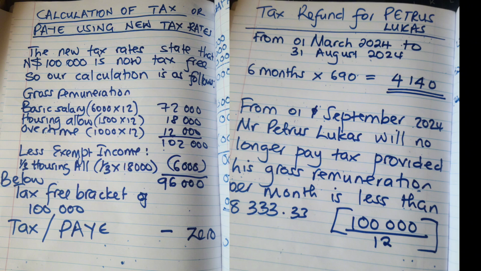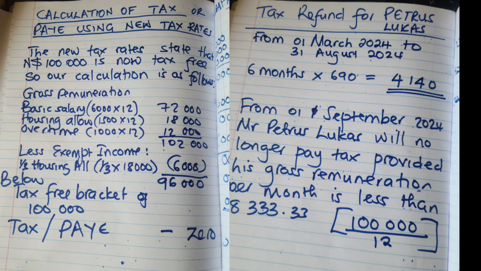Then we reduce it to monthly tax. That's how the system works. You always estimate annual income, then annual tax, then monthly tax. So we get that 102,000 Namibian dollars, then we say less exempt income. Exempt income is that income which is not subject to tax. For example, your food money, or the pension that you contribute to GIPF or Alexander Forbes, is not taxed until such time you are retired or you take your gratuity.